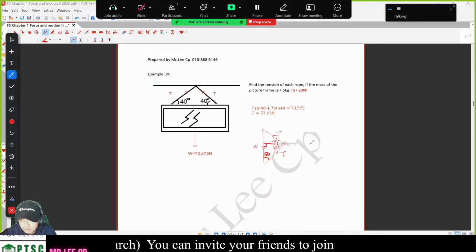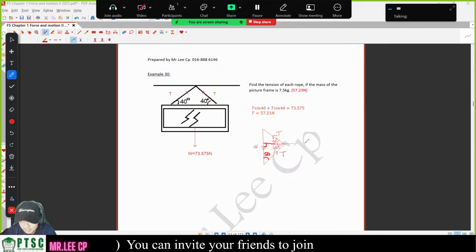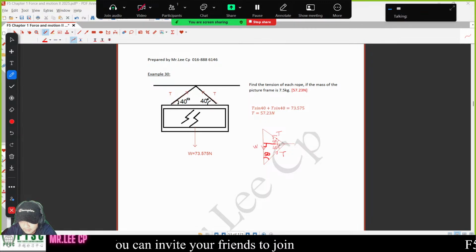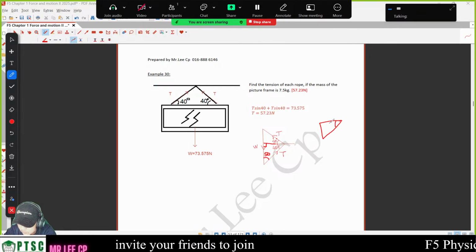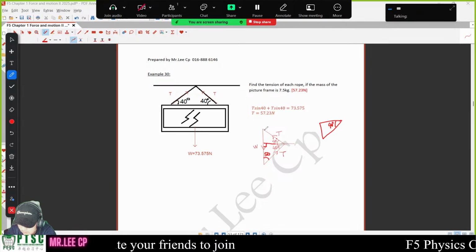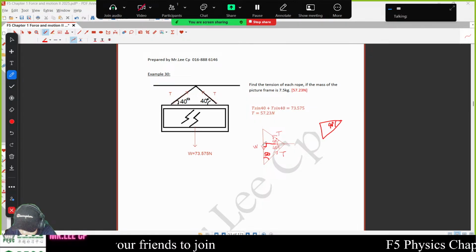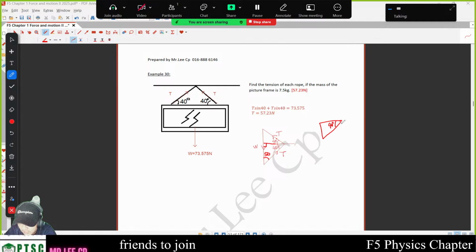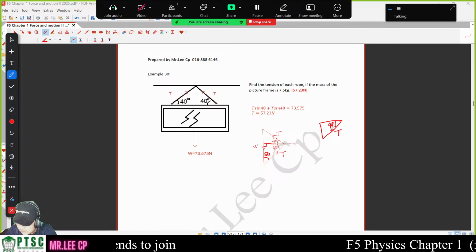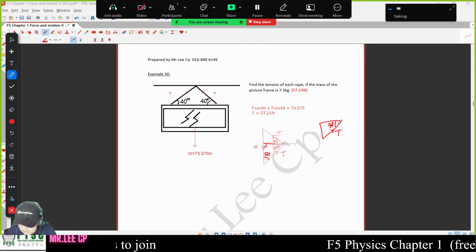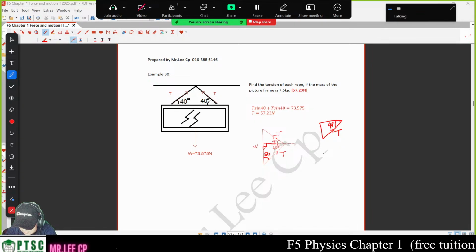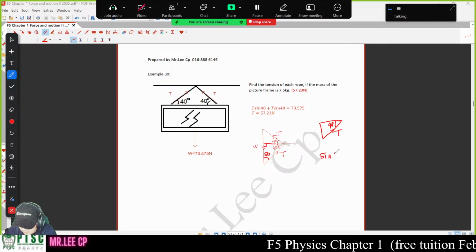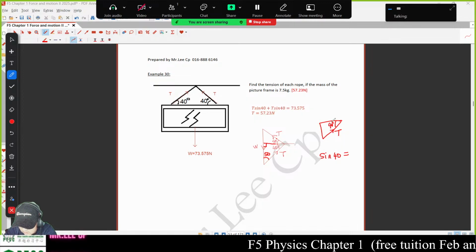So now I use a triangle here to do it. Here is 40. So this is W. The whole thing is W, and this is half of the W. So T, this is T. So sine 40 equals opposite over hypotenuse.